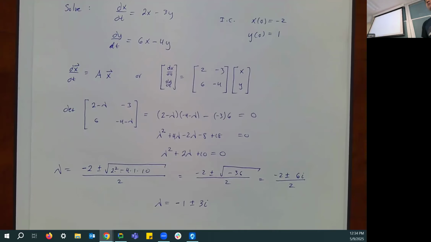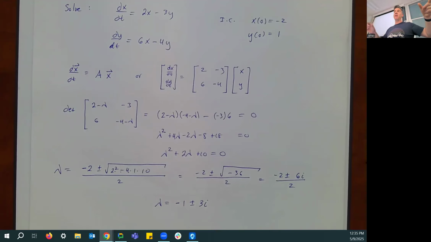Even though we haven't talked a lot about stability classification for complex eigenvalues, I'm going to say something right now, and we'll talk about it after this example. If your eigenvalues are complex, it means we have a spiral. Just like with real eigenvalues, when both are negative it's a stable node, when the real part of your complex eigenvalues is negative, you have a stable spiral.